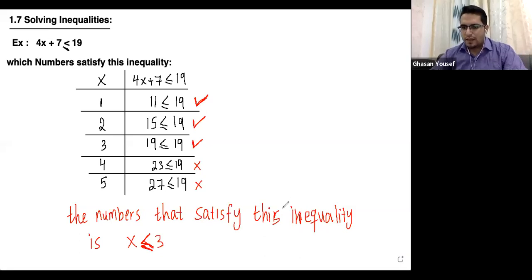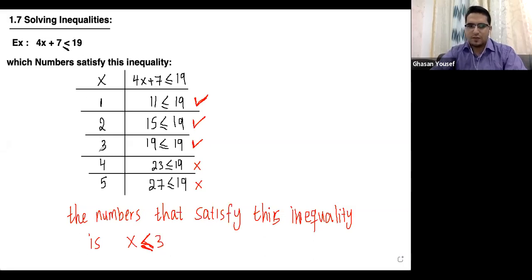Why did you add the "or equal" when the original equation was only less than? What do you mean, Natasha? The inequality here is less than or equal, Natasha.